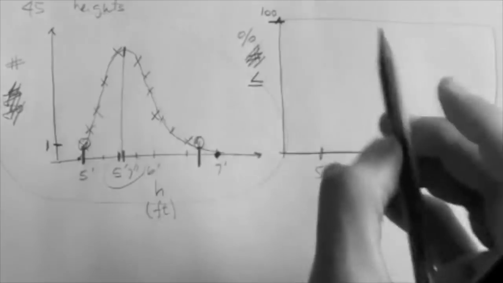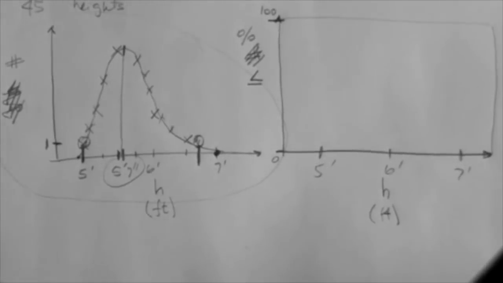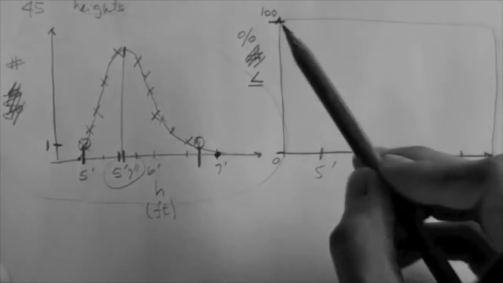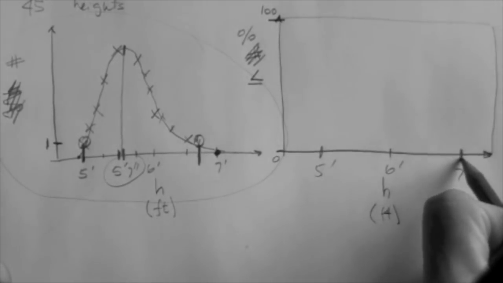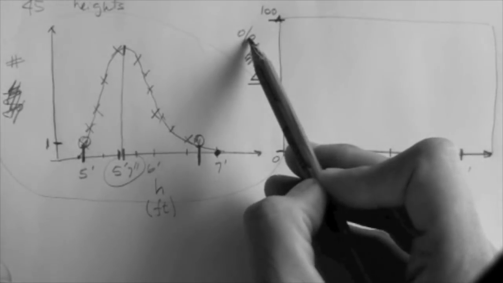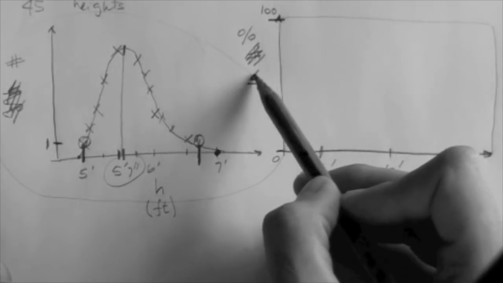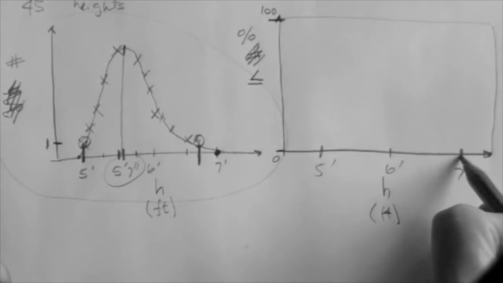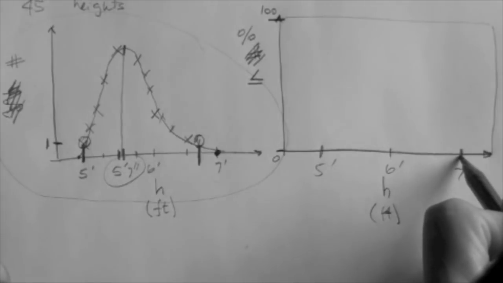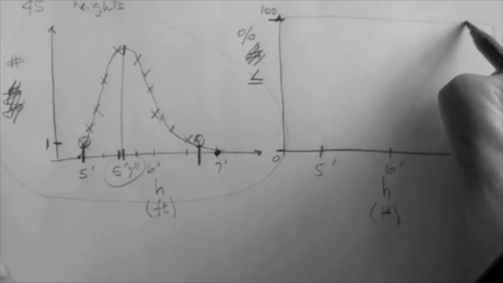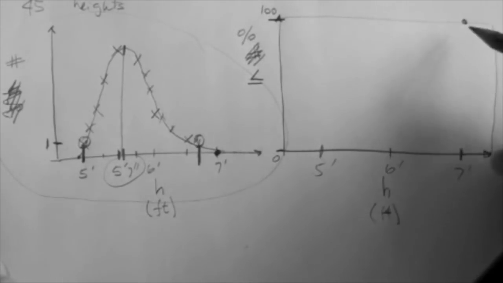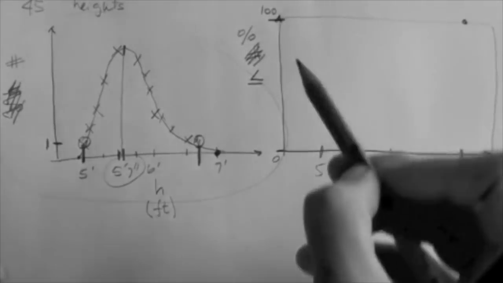Up here is 100%, down here is 0. So, let's see. What percentage of the class has a height that is smaller than or equal to 7 foot? Well, 100%, because everybody is smaller than 7 feet, right?